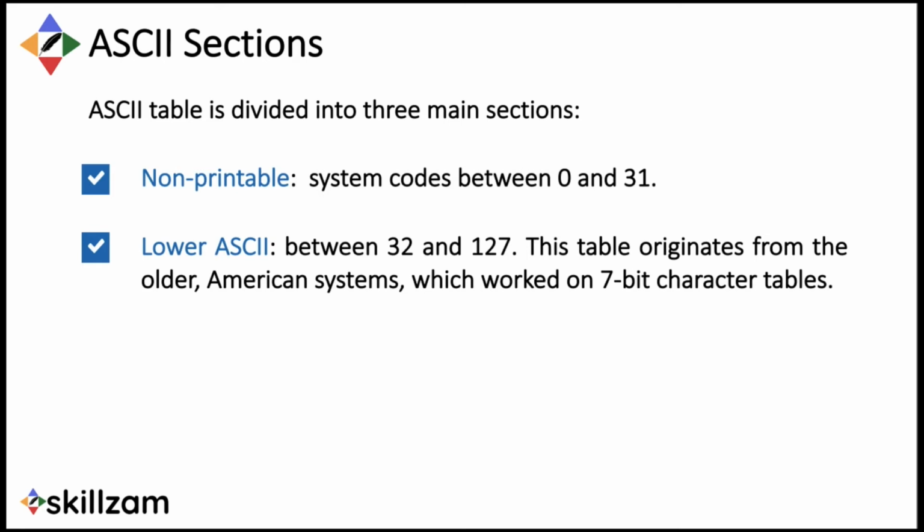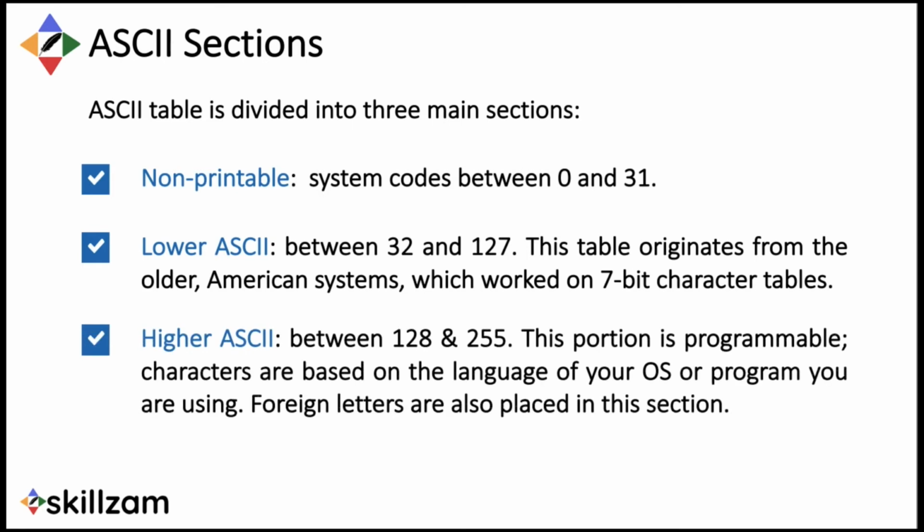The last section is the higher ASCII values between 128 and 255. This portion is programmable. Characters are based on the language of your operating system or program you are using. Foreign letters are also placed in this section.